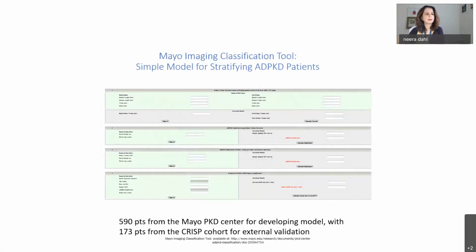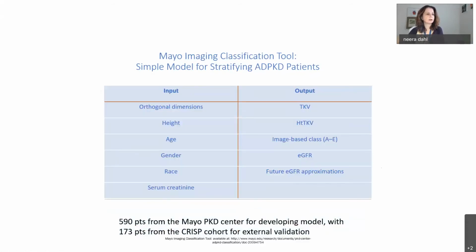The other risk classification score is the Mayo Imaging Classification, and this was developed using both the Mayo database and the CRISP cohort. And basically, there are some inputs that get put into this calculator.